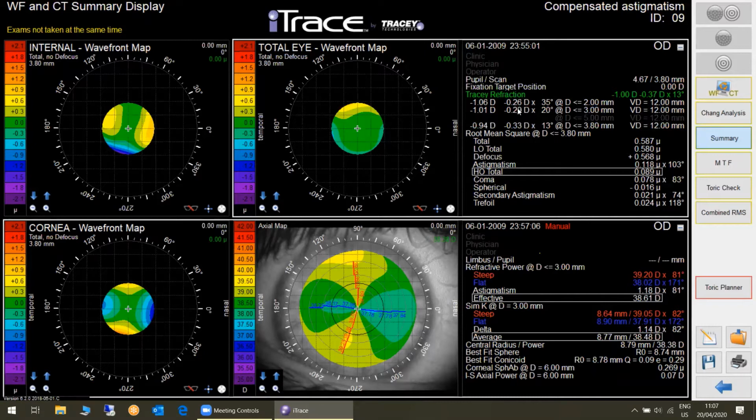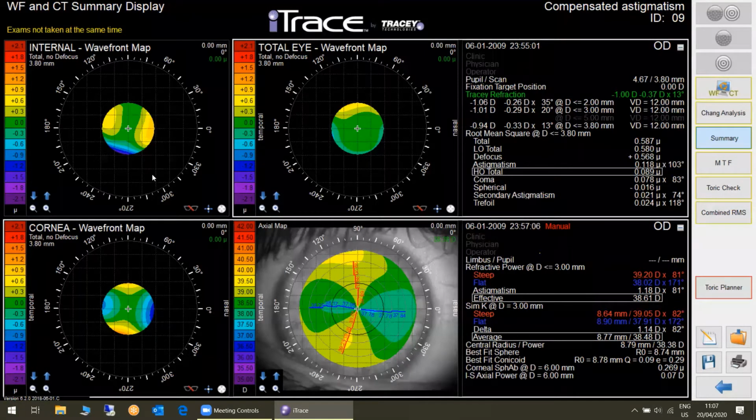These are the patients who come to your office and they have an astigmatism in the cornea, but they do not accept it in the glasses. So where is it? Well, it's in the lens. And I always ask myself, why? Why is this in the lens?